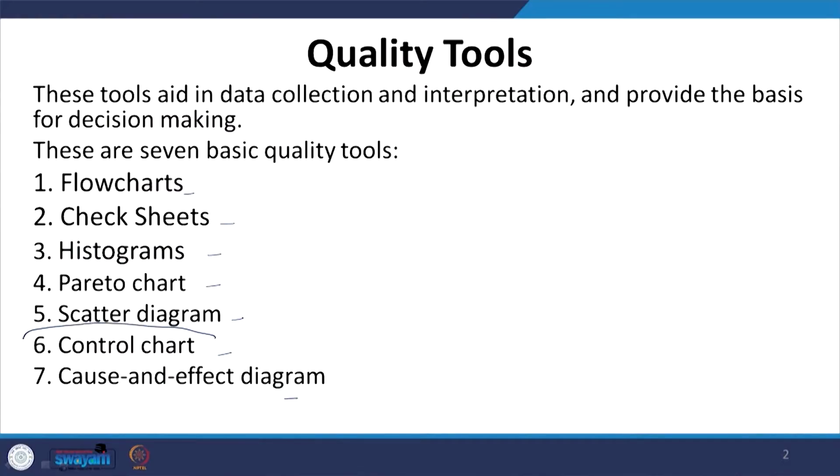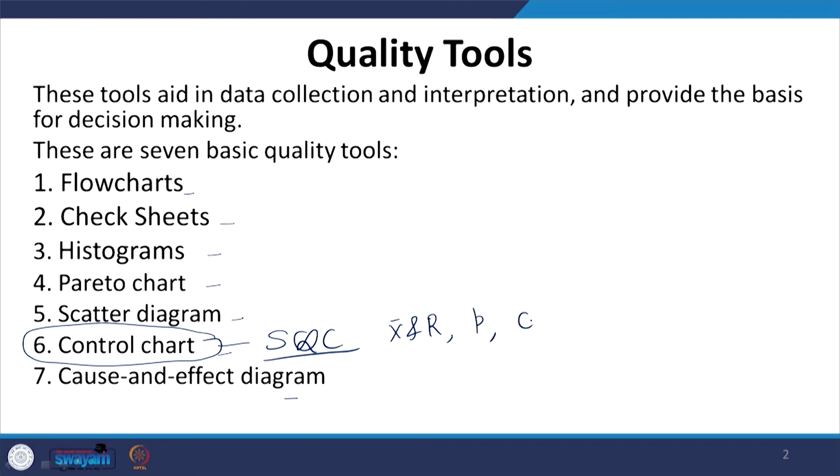To some extent, we have already understood the use of control charts. In all our SQC, we have discussed control charts, where we discussed different types of control charts like X bar and R chart, P chart, C chart. All these are different types of control charts.